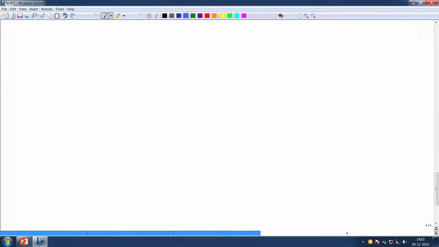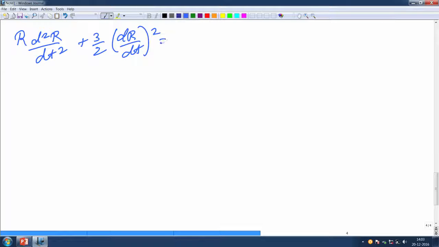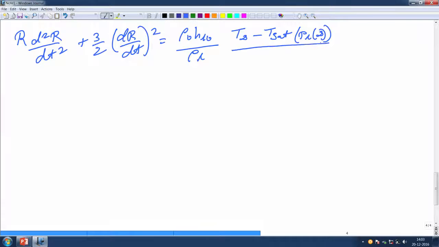So, when you substitute that, it becomes d square R by dt square plus 3 by 2, and these two terms remain the same.